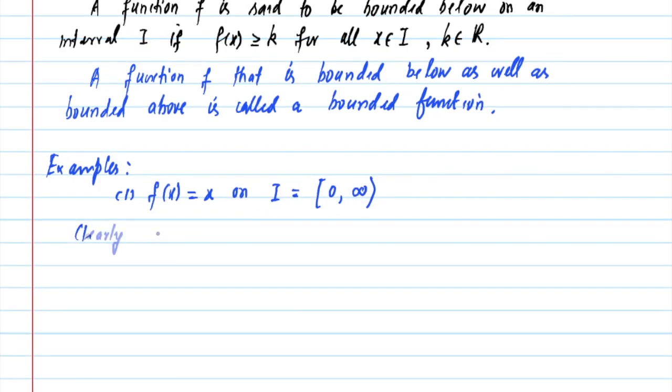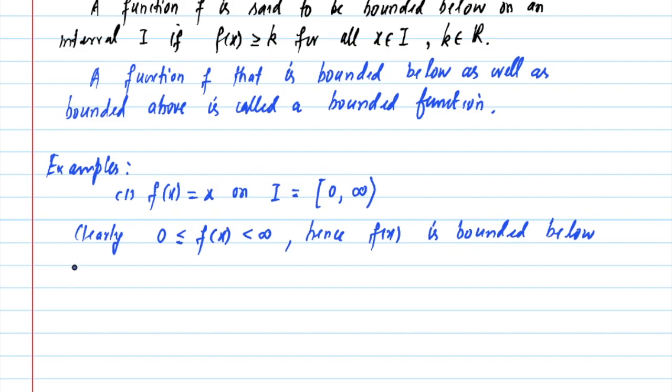So clearly 0 is less than or equal to f of x, and it is less than infinity. So hence this f of x is bounded below by 0, but the function f is unbounded above. So this was one example of a function which was bounded below but not bounded above.